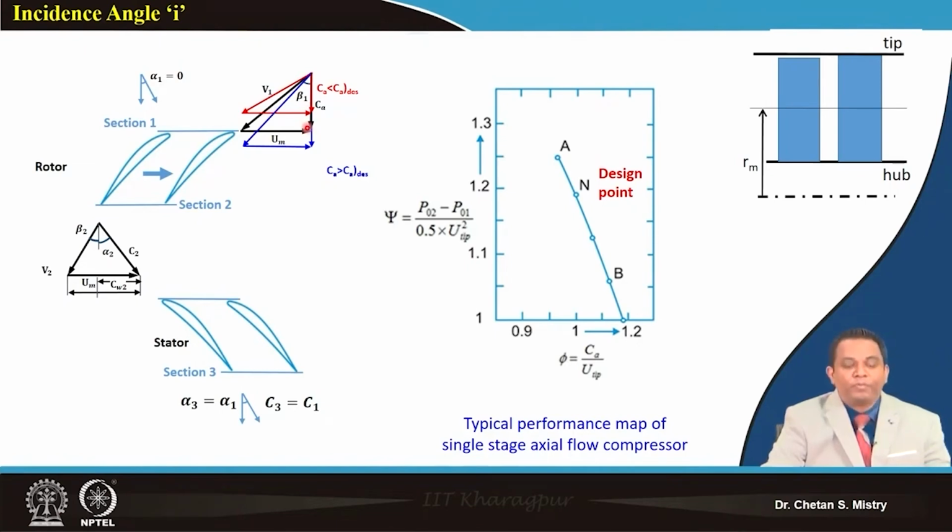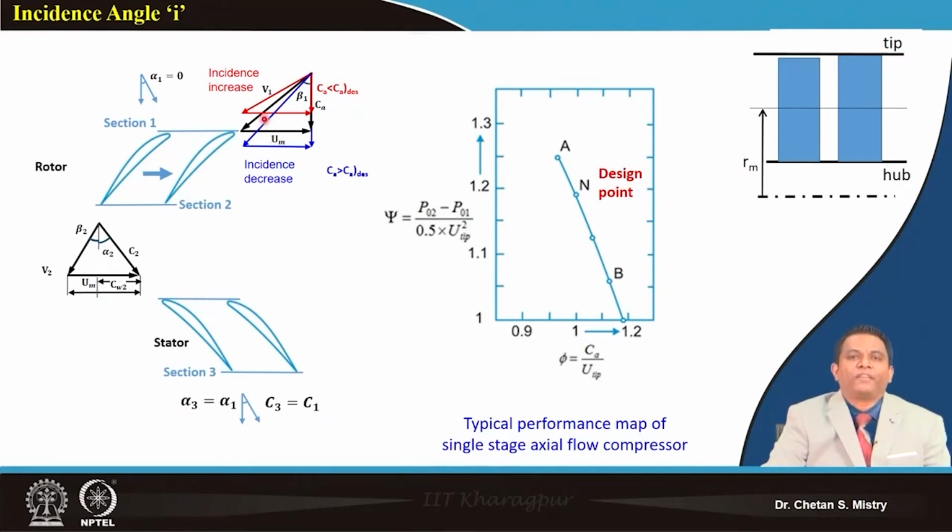So here, I have a change of angle from beta 1 to some beta 1 dash. If I have a decrease of axial velocity, this is an increase of my incidence angle. In the same way here, I am writing a decrease of incidence.